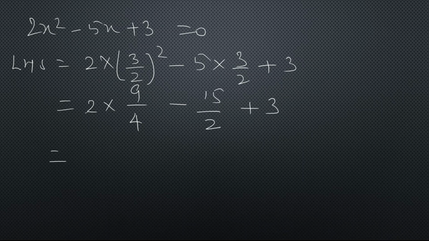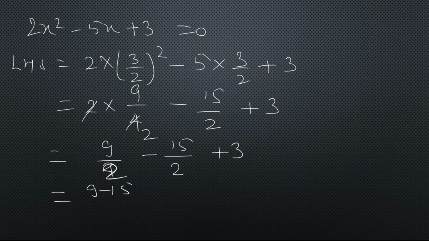Okay. So 2 twos are 4. So 9 by 4 minus, no, 9 by 2 minus 15 by 2 plus 3. So 9 minus 15 by 2 plus 3 is equal to minus 6 by 2 plus 3. So minus 3, 2 threes are 6.